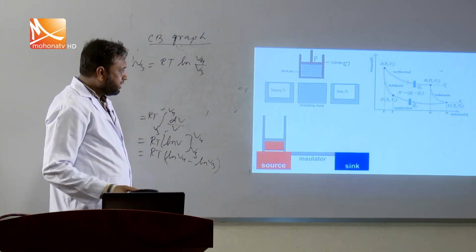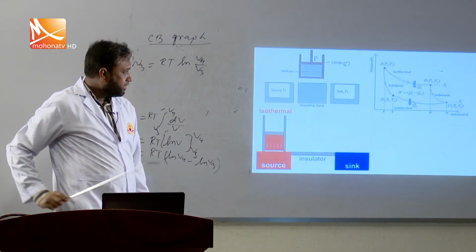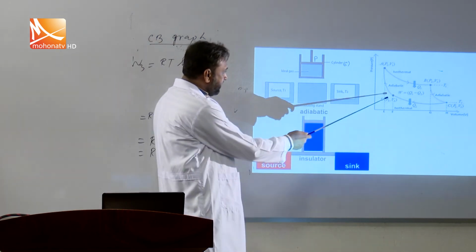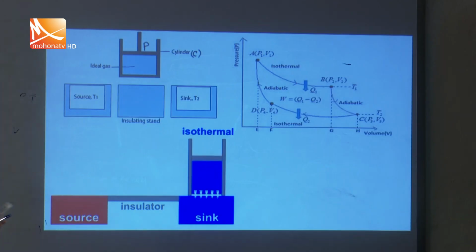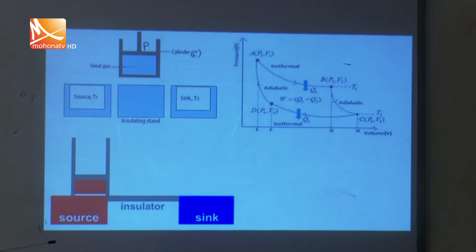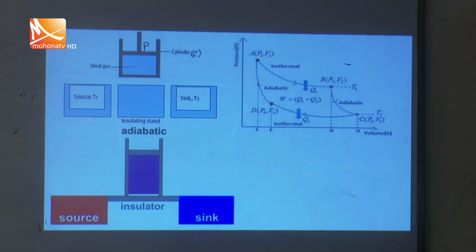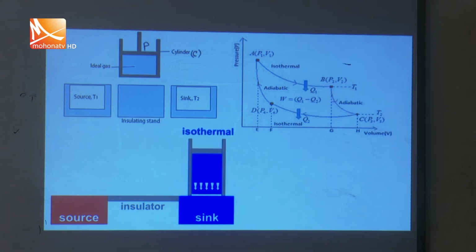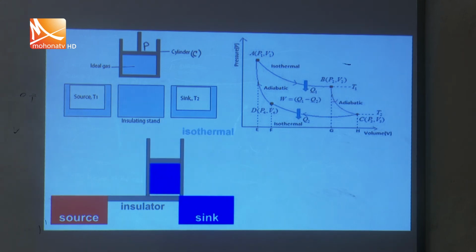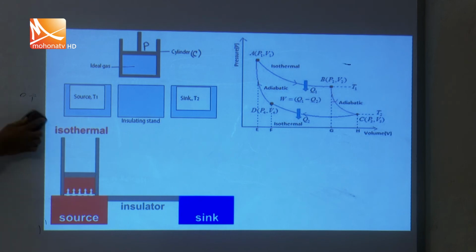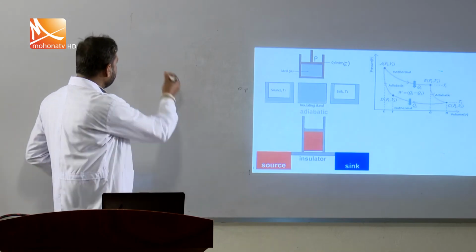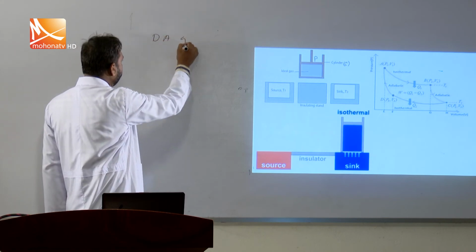Now finally, the work done in the fourth step, that means the adiabatic contraction or adiabatic compression process. That means here the graph is D to A, the DA graph.